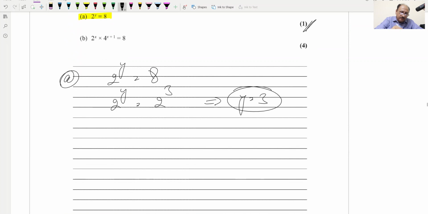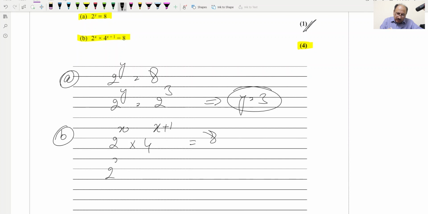Now b part says we have to solve this expression. This is 5 marks, very easy question. So we can write 2 raised to the power x into 4 raised to the power x plus 1, and this is equal to 8.